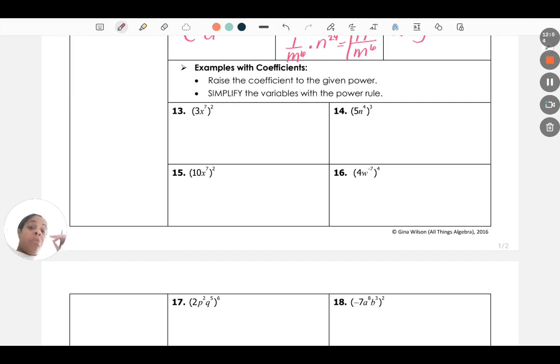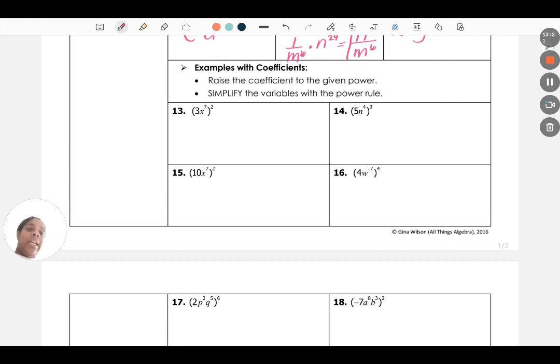So examples with coefficients, just like yesterday. Co means more than one, right? That means you have two things that are used together. Company, conversation, anything with co means more than one. Raise the coefficient to the given power, and then simplify the variables with the power rule.